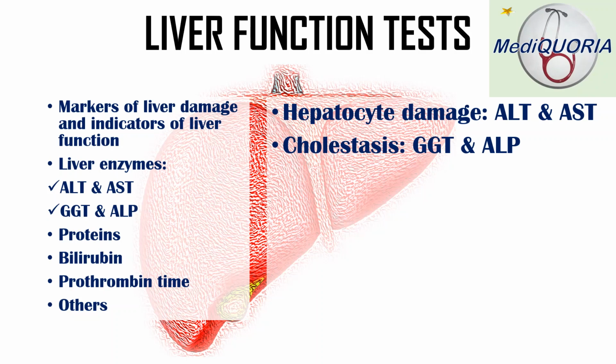On the other hand, ALP is also produced by other tissues, especially bone and by the placenta during the third trimester of pregnancy. Therefore, an isolated increase in the level of ALP without an increase in the level of GGT could point to osteolysis or to pregnancy in the third trimester.